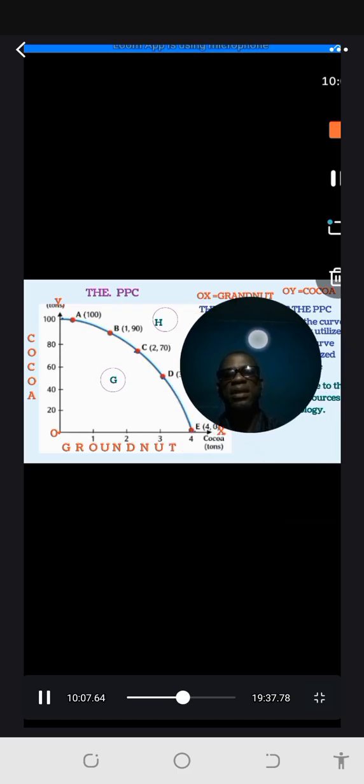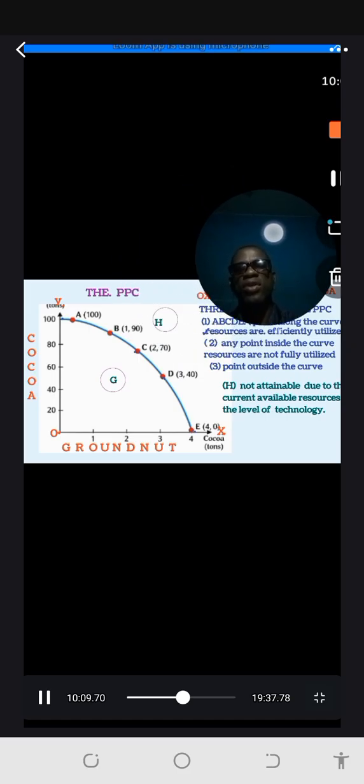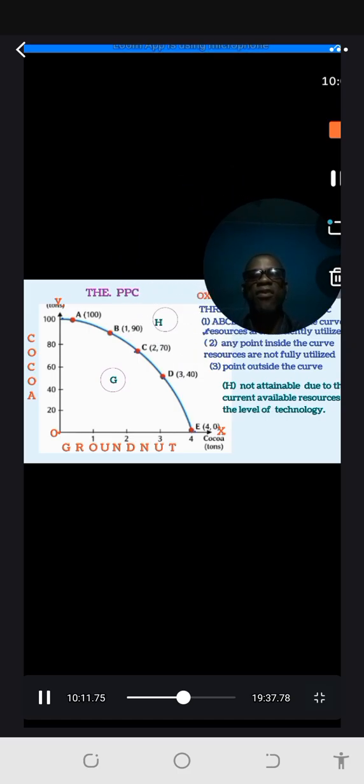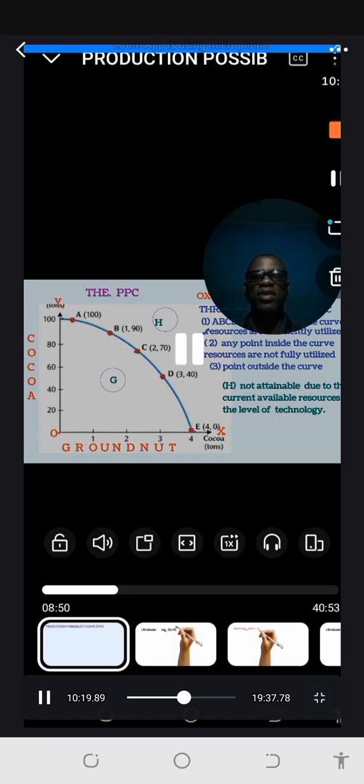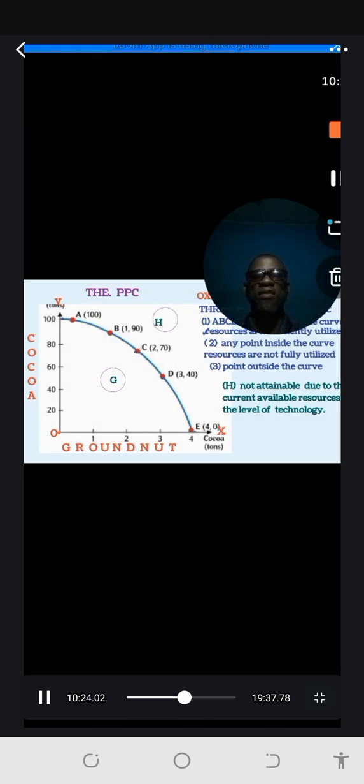It means that point is not attainable because resources and the level of technology will not be able to attain that point. Those are the important points on the production possibility curve.